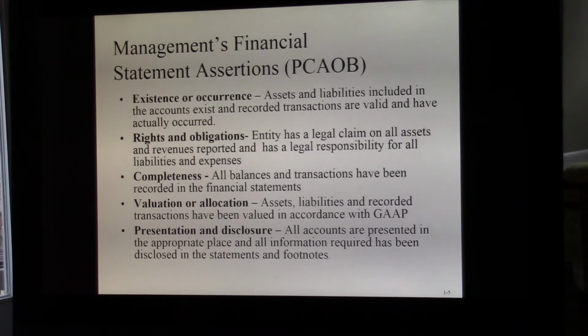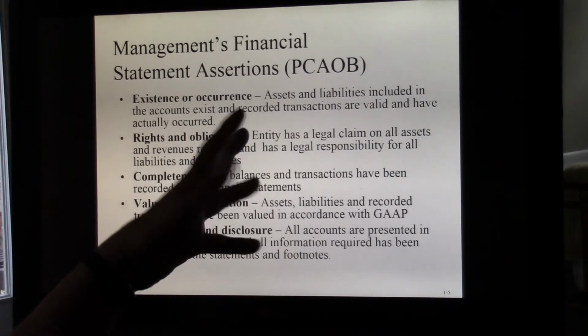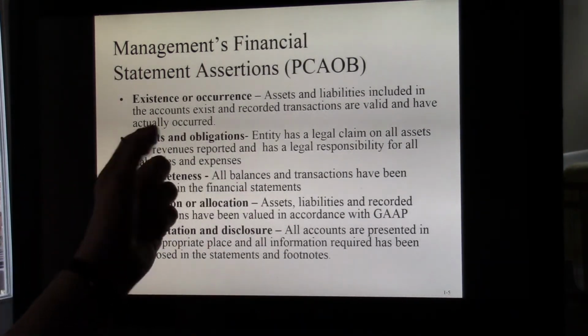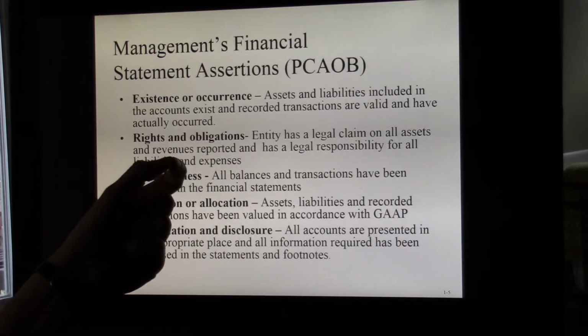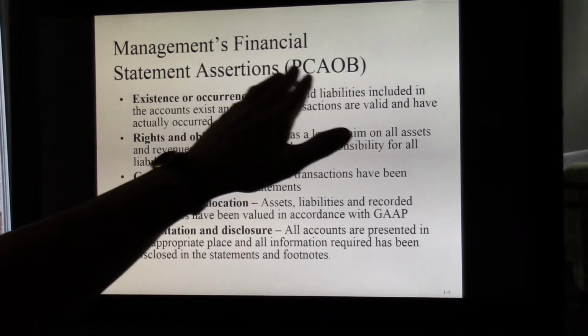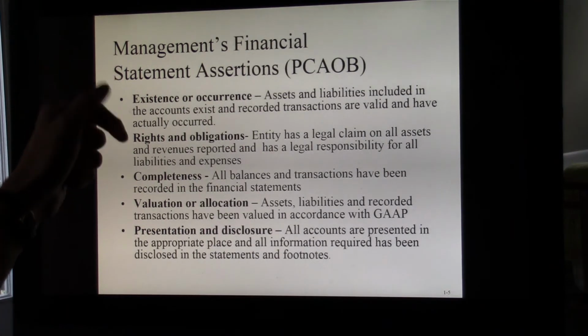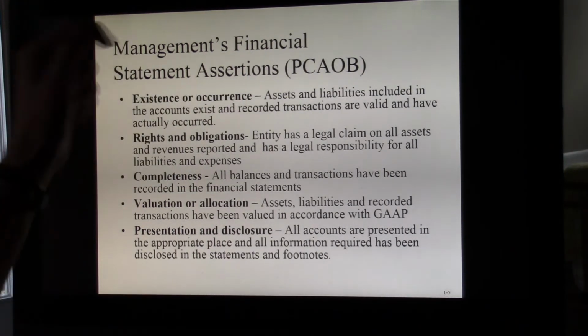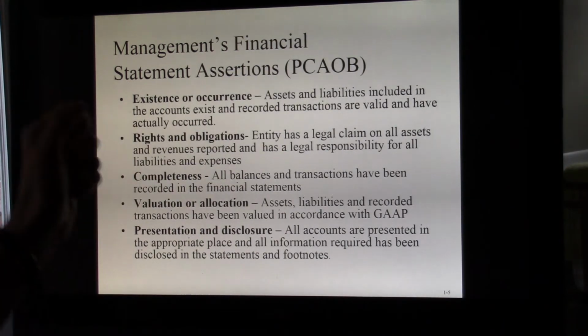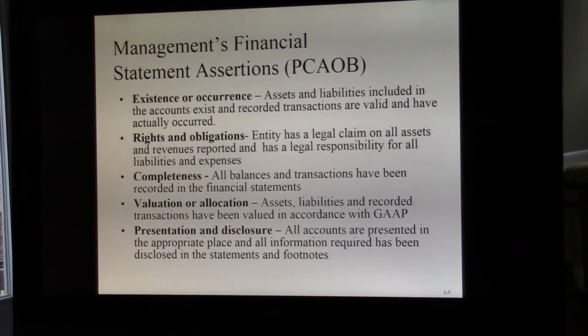Well, as I do my audit, right, as I sit down and I audit the balance sheet and the income statement, we're not going to talk about cash flows because those arise from the other two. But as I audit, I have to audit according to standards. And PCAOB standards say I have to audit existence or occurrence, rights and obligation, completeness, valuation or allocation, presentation and disclosure, right?